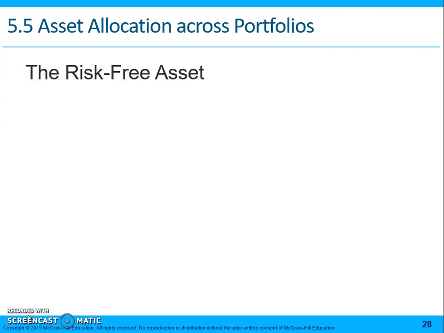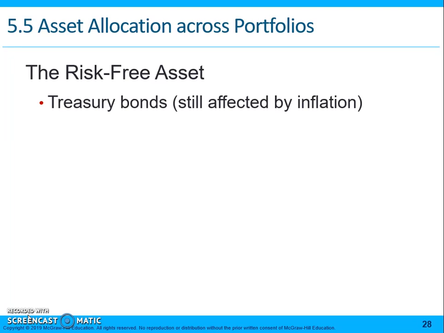So for the risk-free asset, typically we use treasury bills. Treasury bills and bonds are still affected by inflation. They are effectively risk-free because if the U.S. government has trouble paying their debt, we've got a lot bigger problems to worry about.